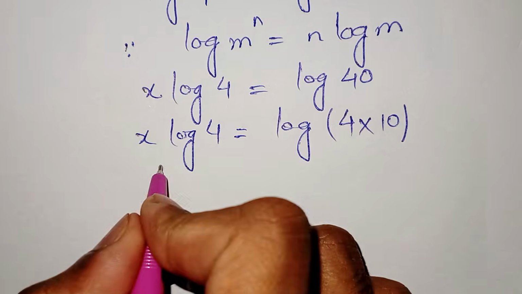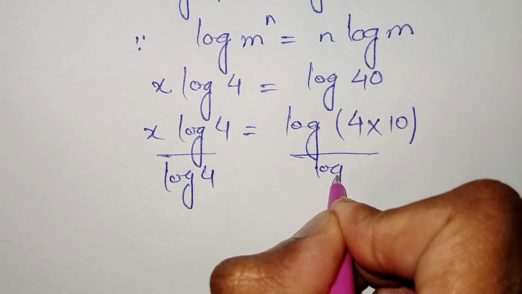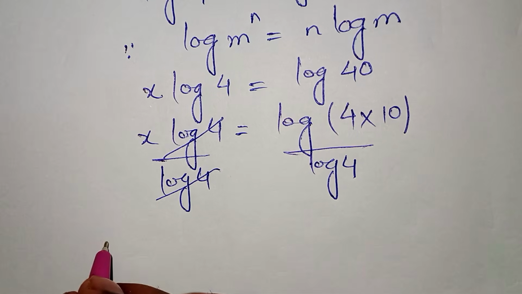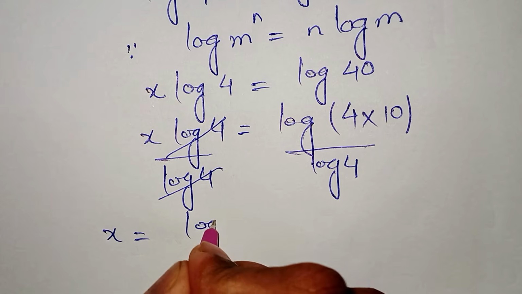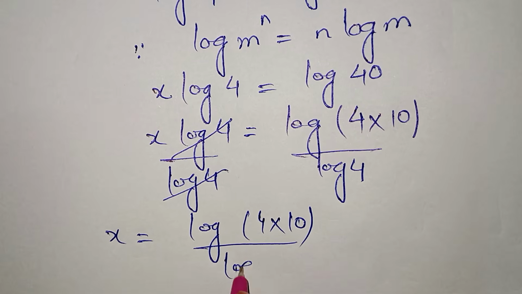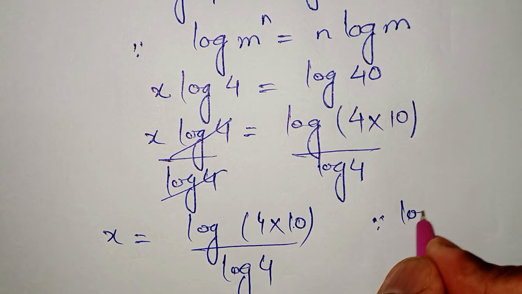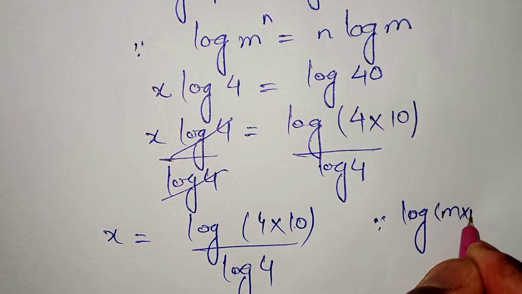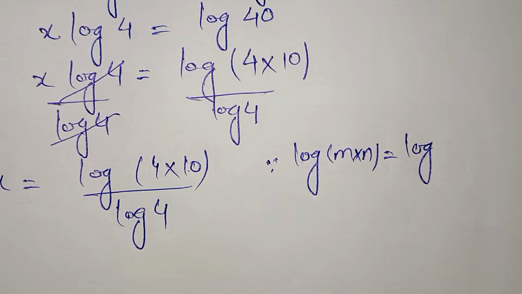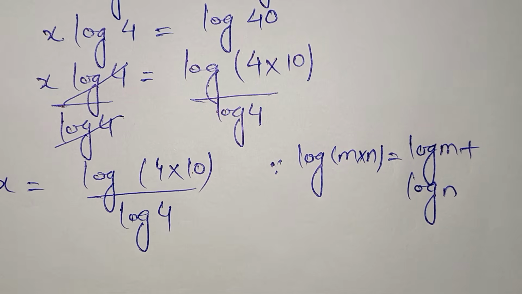Divide log 4 on both sides of the equation. Log 4 cancels with log 4. X equals log of 4 into 10 over log of 4. We will use a formula for the numerator: log of m times n always equals log of m plus log of n.